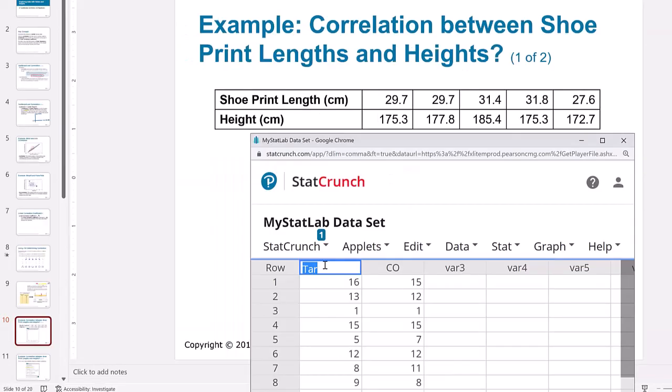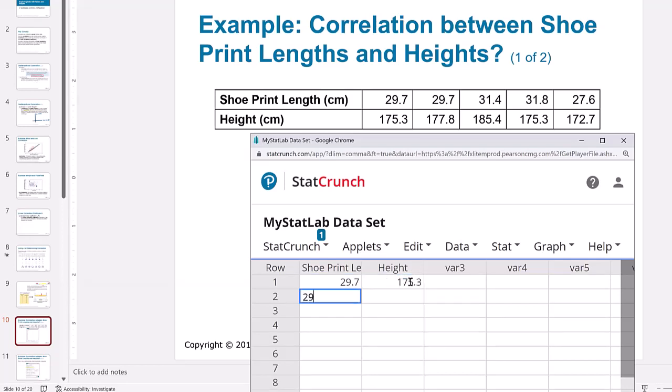This is going to be shoe print length, and this is height. First point is my X is going to be 29.7. Height is 175.3.